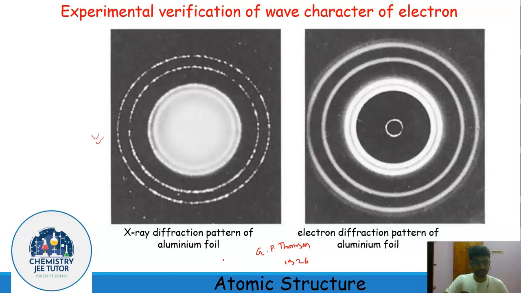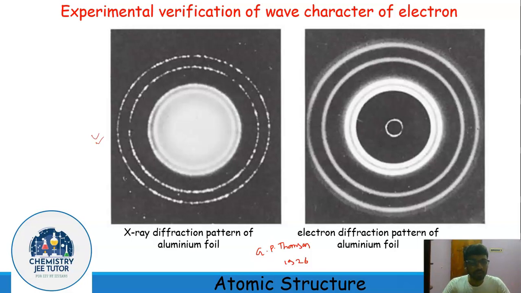And these two, J.J. Thomson and G.P. Thomson, were father and son, and they both won the Nobel Prize for their research on the electron, one for showing the particle characteristics and one for showing the wave characteristics of the electron. So far, we have seen that matter has wave particle duality.